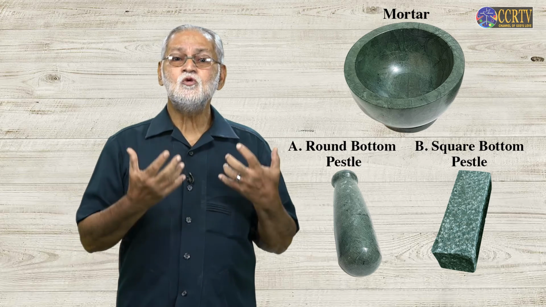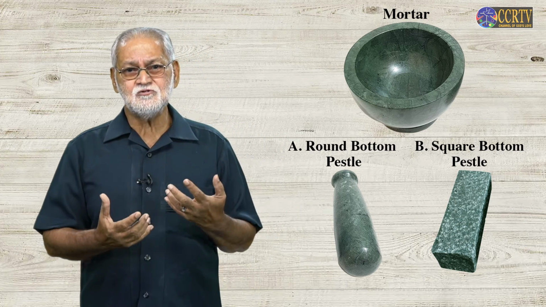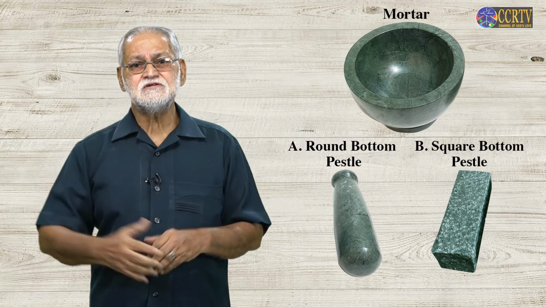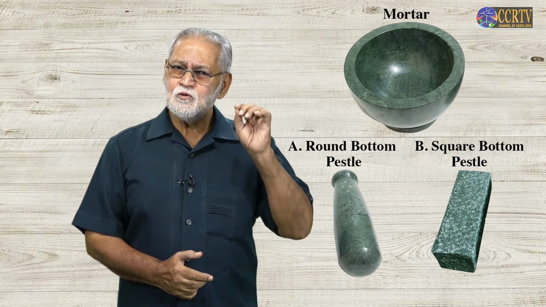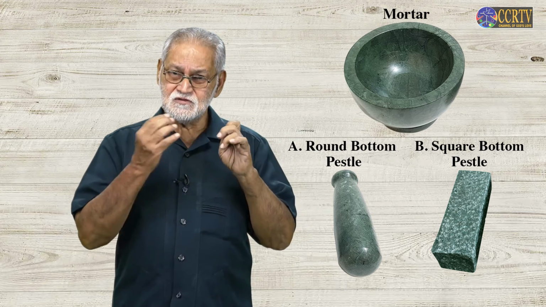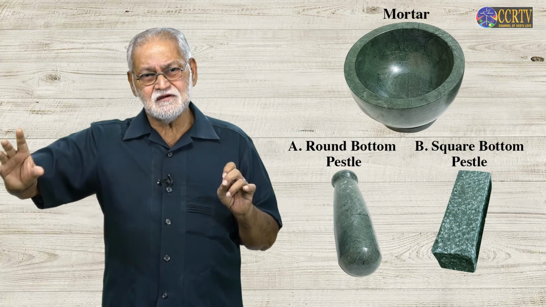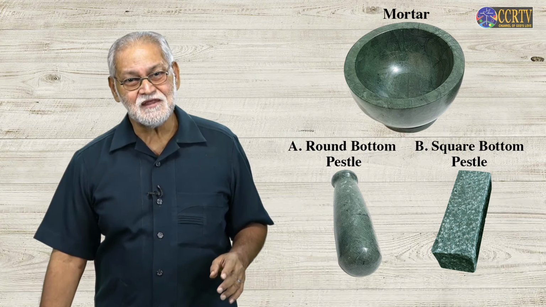Acknowledge that you are different and seek guidance and counseling when necessary. Aim to have a one-to-one correspondence between yourself as a square peg in a round hole and your square peg in a square hole. Let's look at this again.